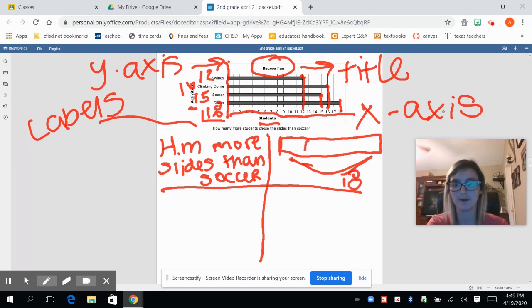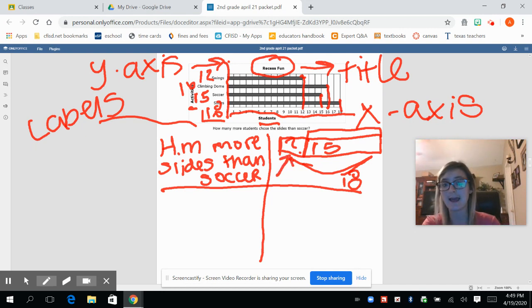Then if we go right here and we look, it said that soccer was at 15. We have 15 students in this section right here. So we want to know this little portion right there. That's the extra students that played slides more than soccer.